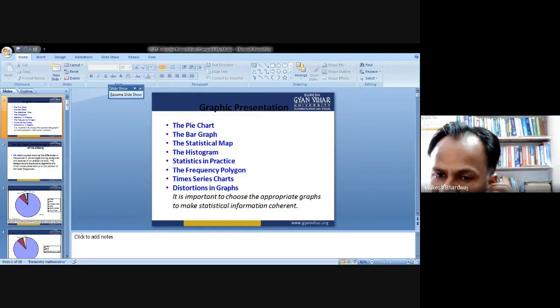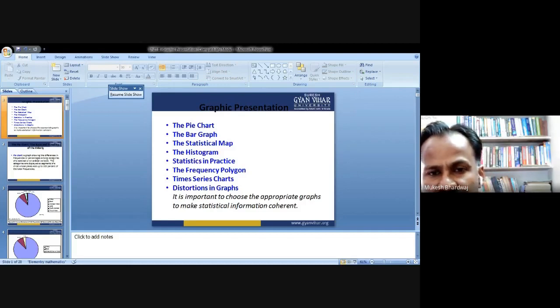The one which is darker than this light is 50 to 74%, and more darker than that is 75 to 90%, and 100% in the very dark regions. Current population report: percentage increase in population 65 years and over. So this is the geographical representation.